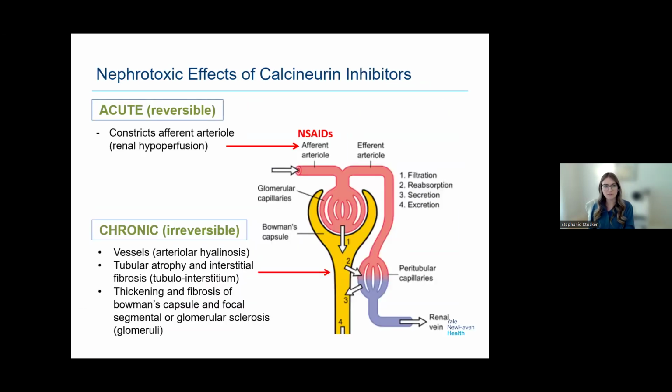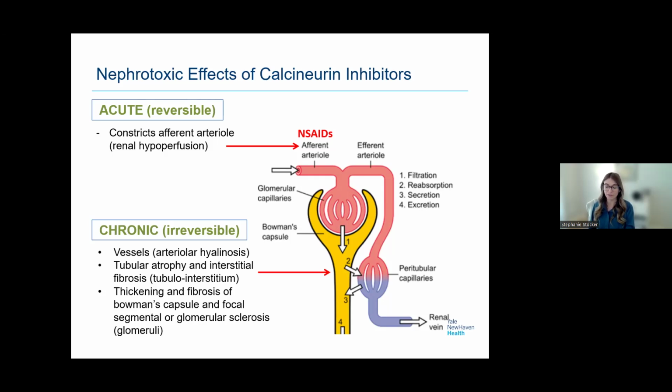When it comes to the nephrotoxicity, a lot of times we think of the acute toxicity. So when TAC levels are high, we see constriction of the afferent arteriole, reduced blood flow to the kidney, and we see a bump in creatinine. And that is typically reversible when we reduce the dose of a calcineurin inhibitor. It's also the same location that's impacted by NSAIDs.